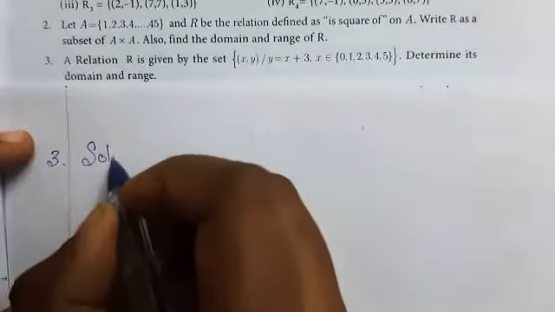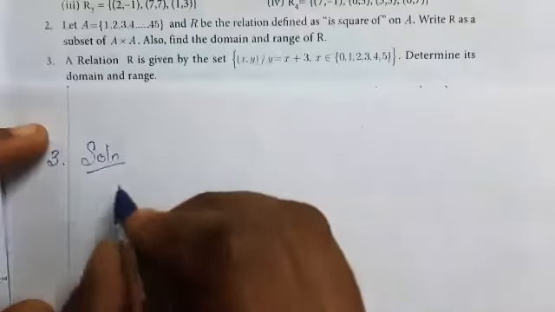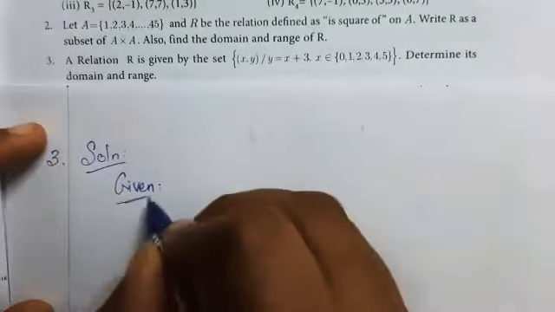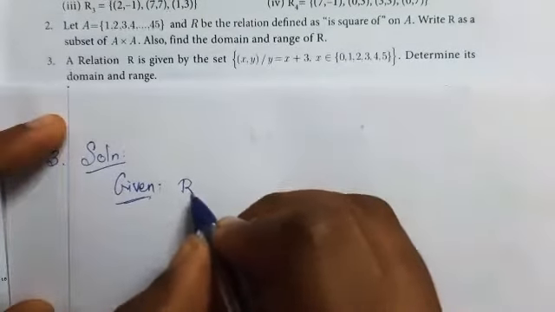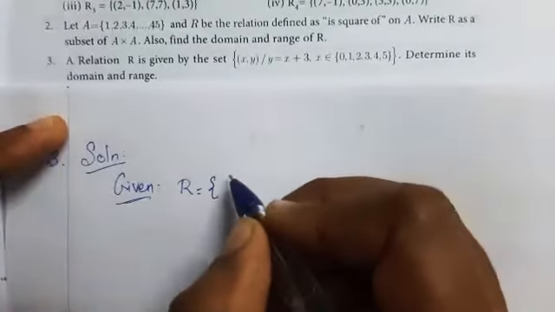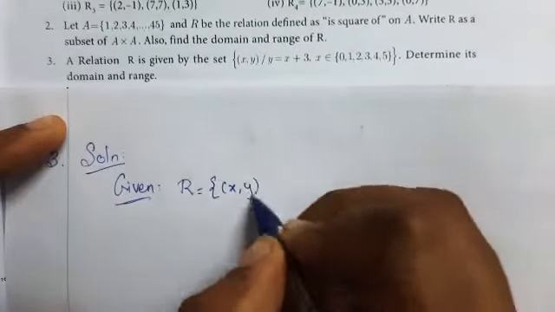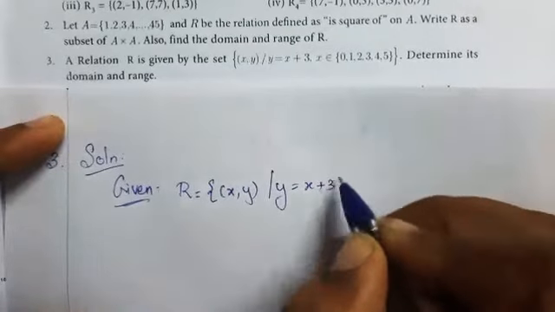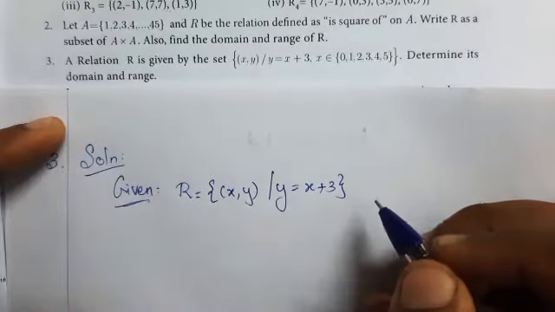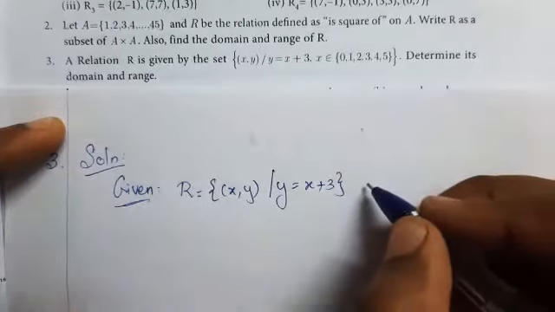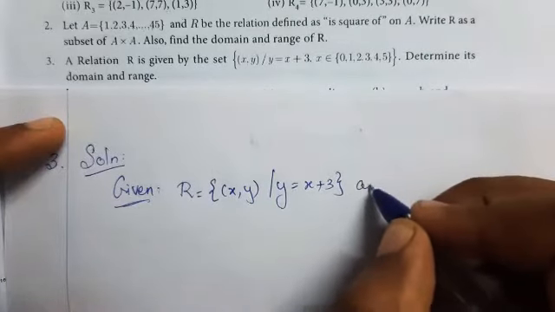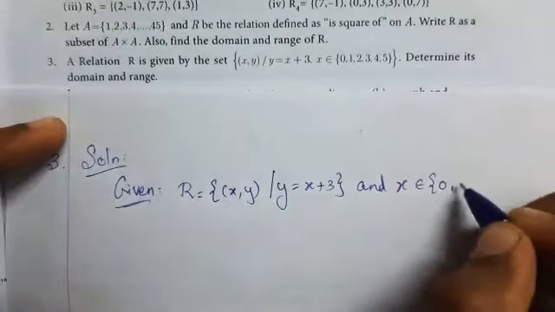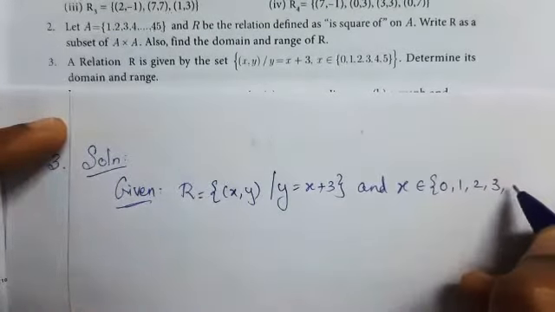Solution. First write the given relation. Given the relation capital R is equal to {(x, y) such that y is equal to x plus 3, and x belongs to {0, 1, 2, 3, 4, 5}}.